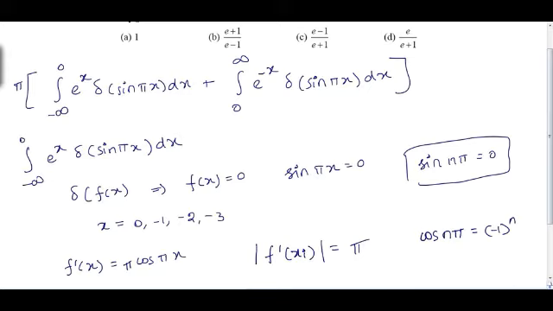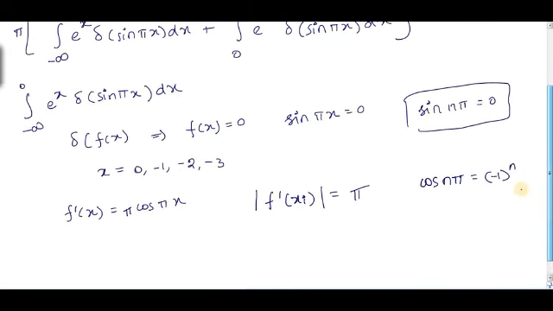Now this integration will change into a new form.